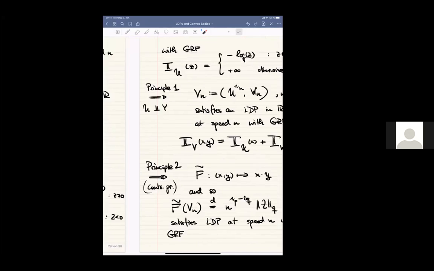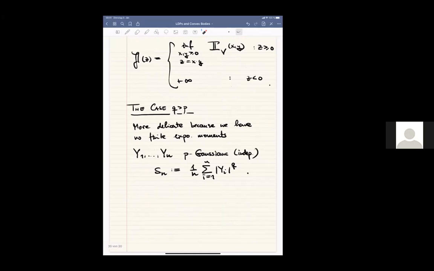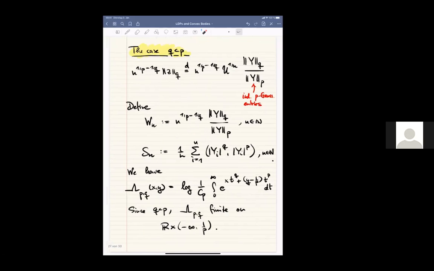And the reason will become clear in a moment, and it has to do with the speeds of the LDPs. Because here we had these building blocks at speed n. This thing here had speed n, and now in the setting where q is larger than p, this thing here has a different speed.